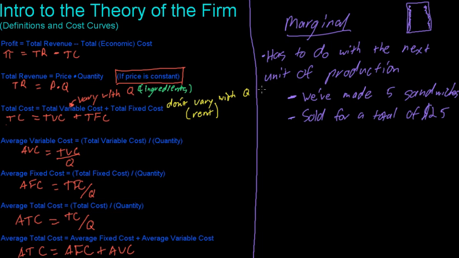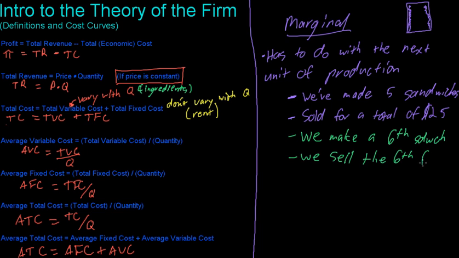Now let's say that we make a 6th sandwich, and I'll just write SDWCH, and we sell that for $5. So we sell the 6th for $5.